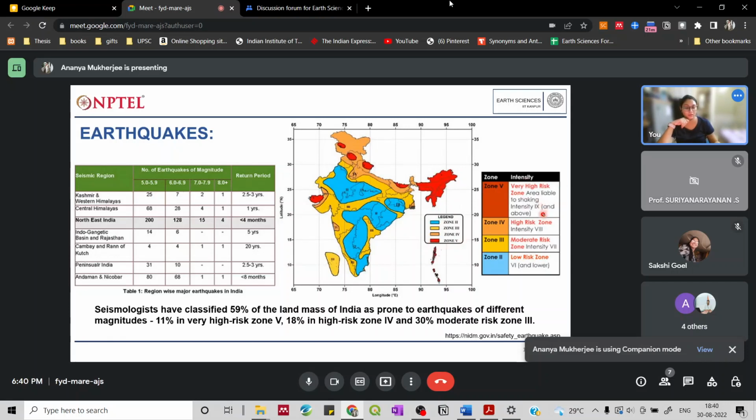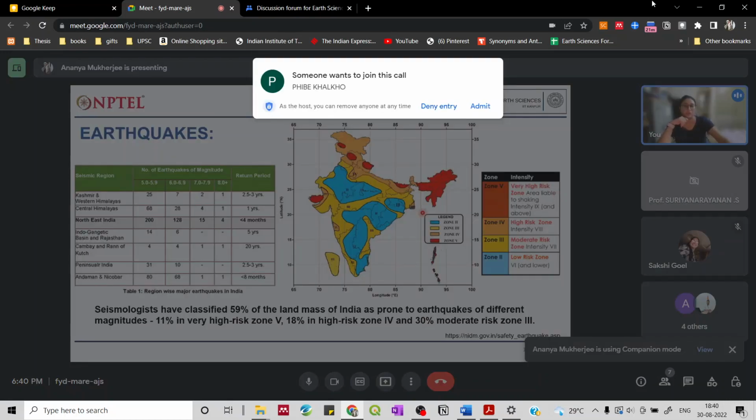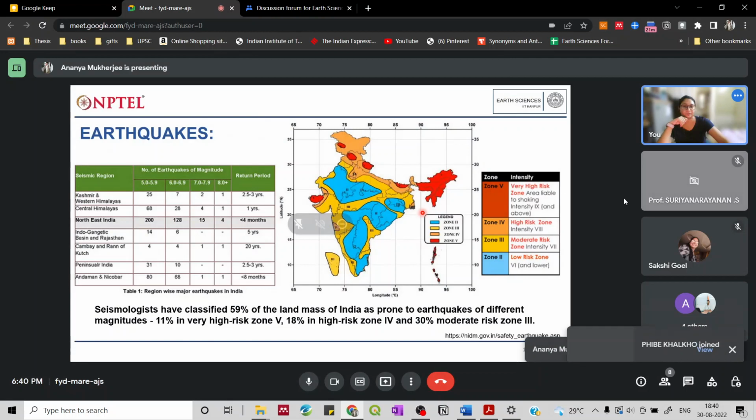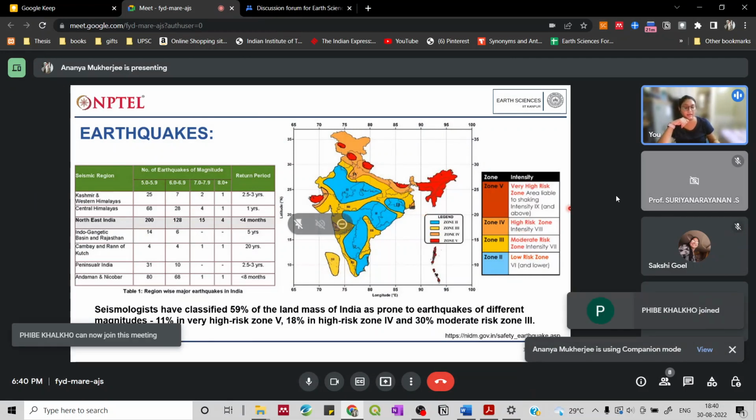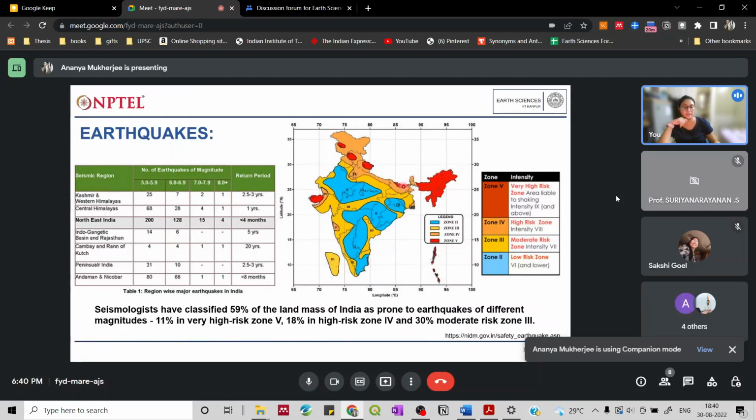Okay, in terms of intensity, I had explained the difference between magnitude and intensity in the previous class. So you can see that the very high risk zones are somewhat constrained to the northeastern parts and the Himalayan parts.